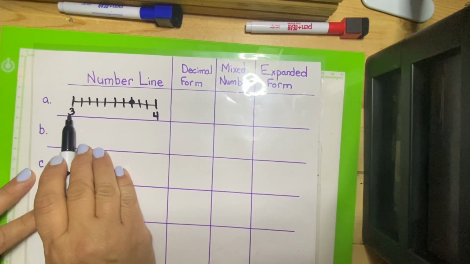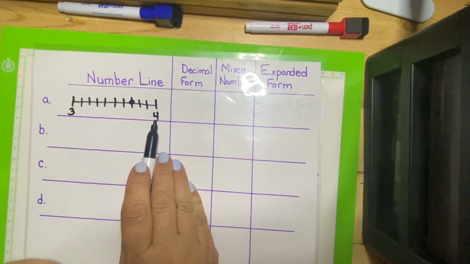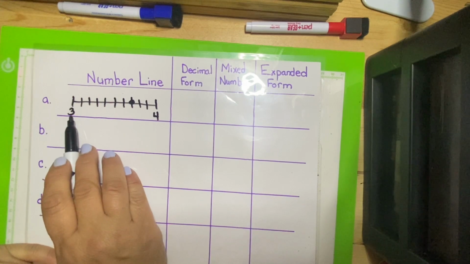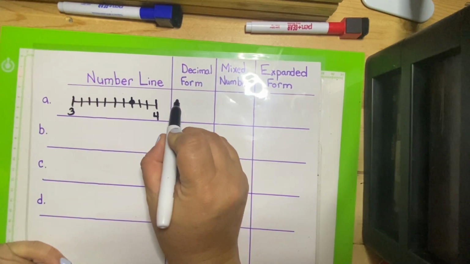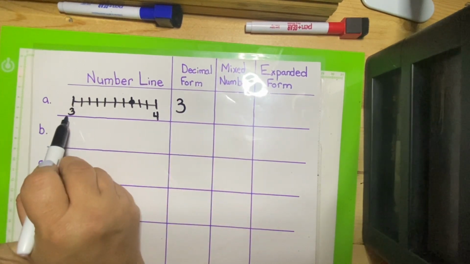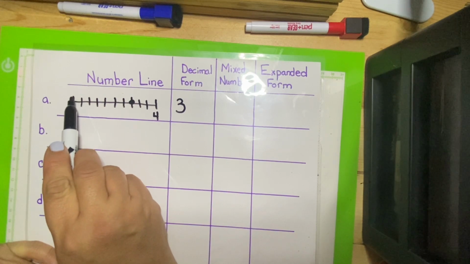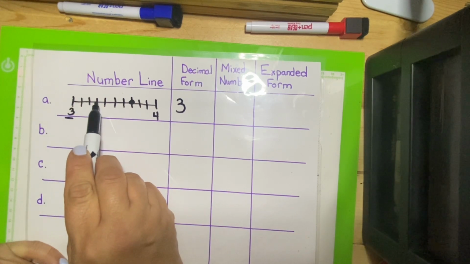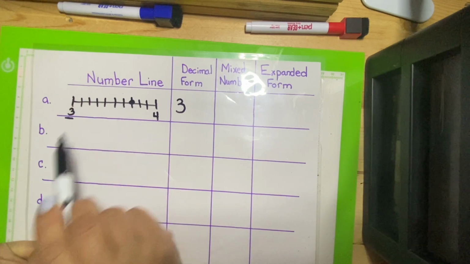Well, I know it's between 3 and 4 on the number line. So it's more than 3, but less than 4. So my decimal form, my first space here is 3. I'm going to count over 1, 2, 3, 4, 5, 6, 7.